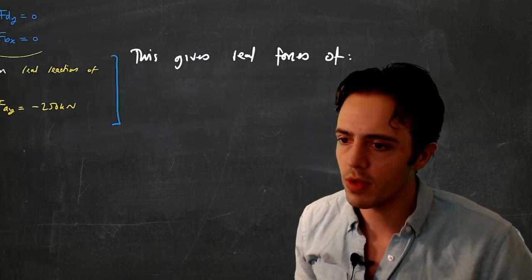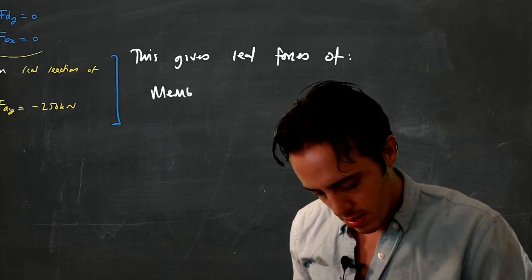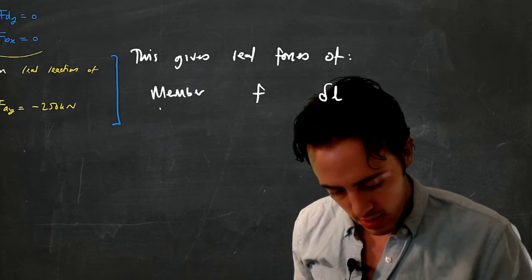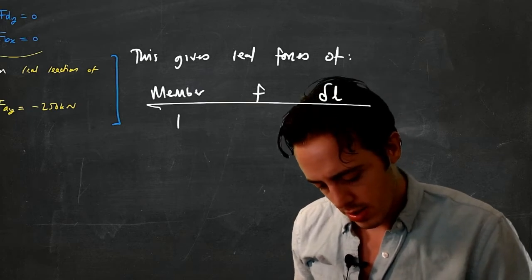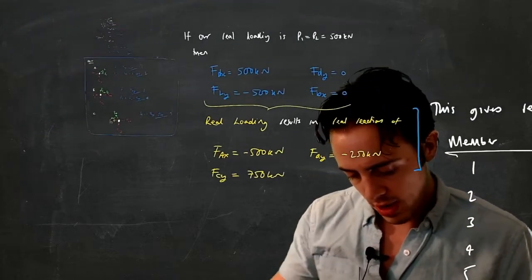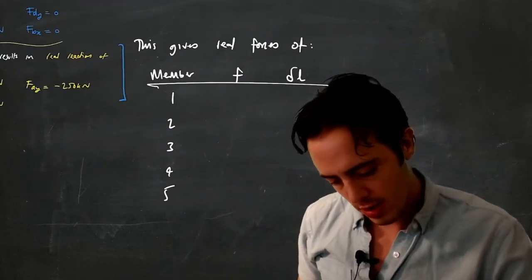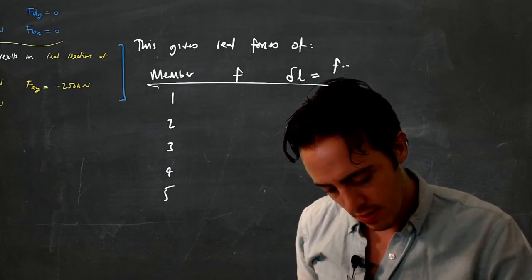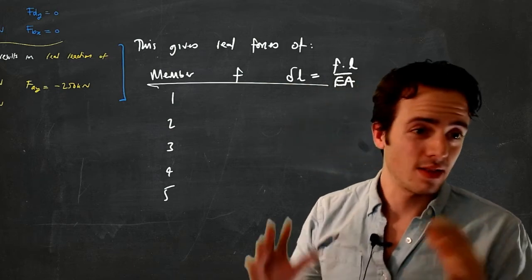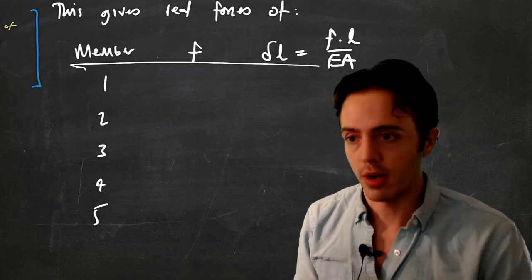This gives us real forces of, remember, force, and then I'm going to put DL, for members 1, 2, 3, 4, and 5. So using these equations, I can get all of my internal forces, and then using DL is equal to FL on EA, where the length just comes from the geometry of the problem, we can get all of those. So I'm going to write these down.